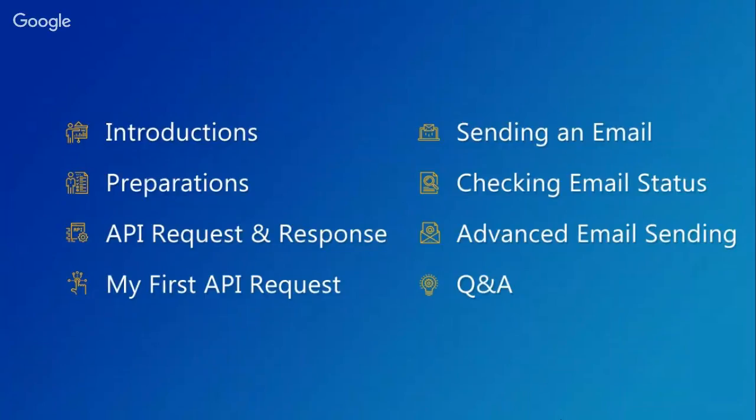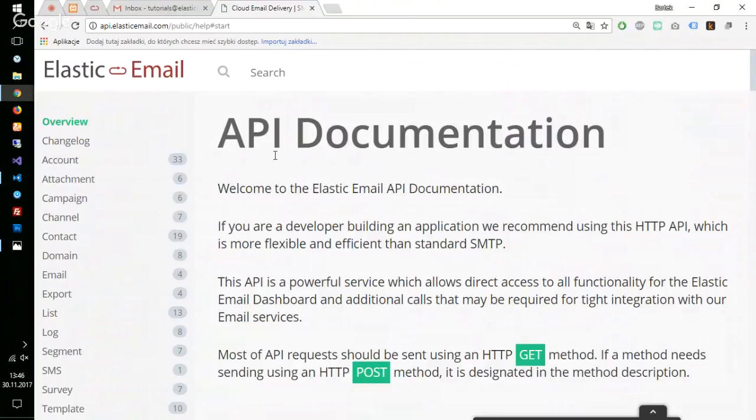So let's start. I think we can start with showing you a bit of our documentation and the idea of API requests with our code. Basically, the thing you need is your API key. So maybe we should start with that. What to do to receive it?